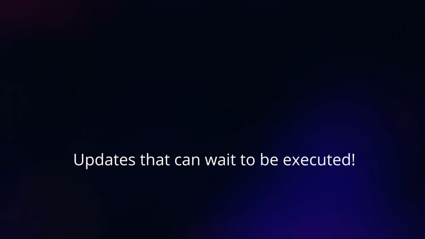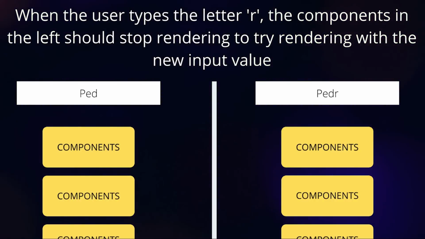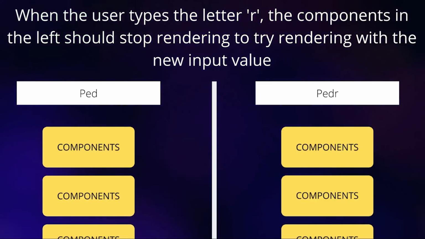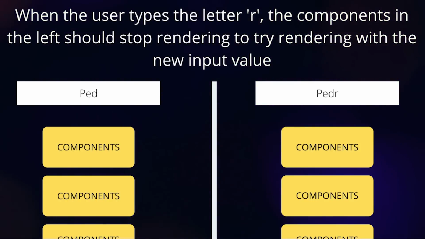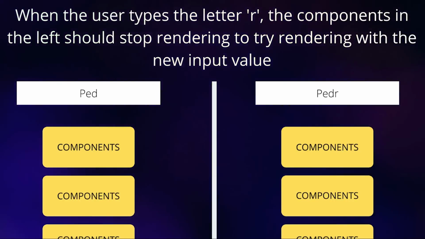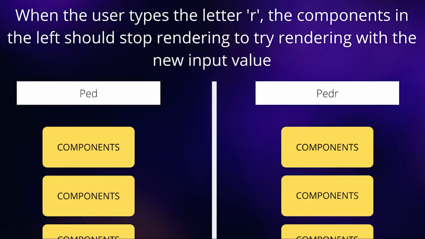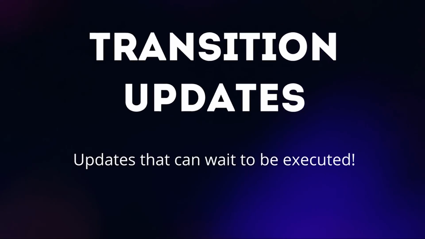A great example of this is having an input which, as the user types on it, triggers a re-render of a very long and expensive tree of components. Now, based on previous versions, every time you made a change to the input's value, meaning every time you typed on your keyboard, even if it's just one character, React would treat both the update where you type on the input and the update where you re-render the tree of components with the same priority.